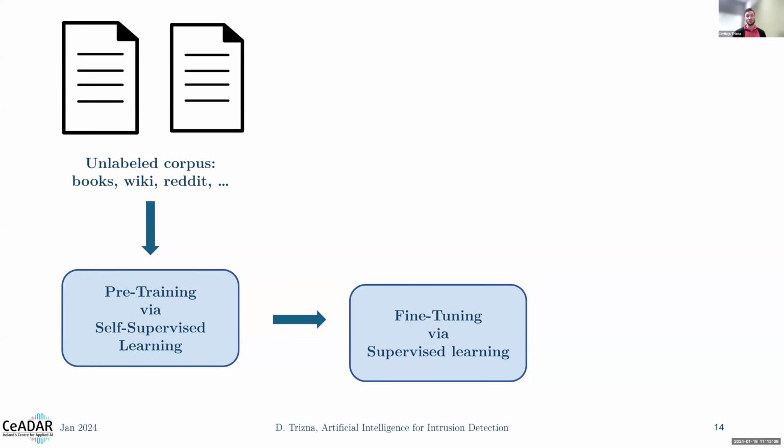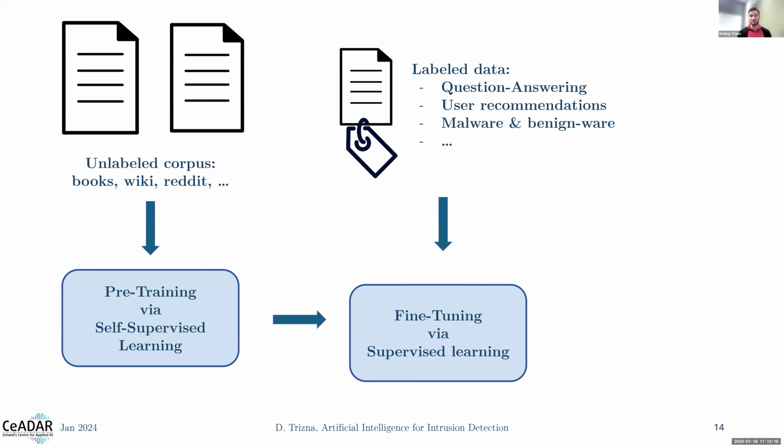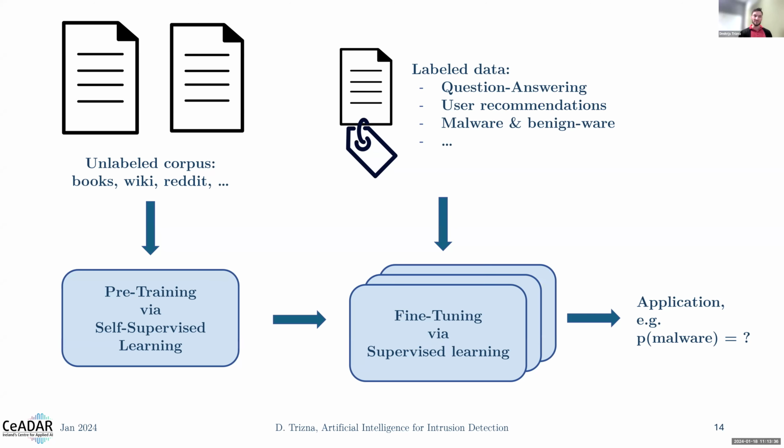Then we come to the so-called fine-tuning, which is done as supervised learning. There are different types of labeled fine-tuning techniques: question answering, recommendations, and in our case, for example, malware detection. And you get this application where we get out of the model what we want. The cool thing is that with a single pre-trained model, we can have many fine-tuned applications. That comes in handy because this fine-tuning is relatively simple.